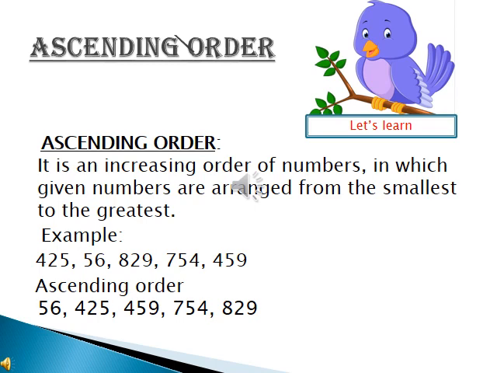So, after comparing, we come to know that 56 is the smallest number and we have to keep it first. Then, second smallest number is 425. Third smallest number is 459. Fourth smallest number is 754, and finally we have to keep the largest number, that is 829. So our ascending order is 56, then 425, then 459, then 754, and at the last 829.